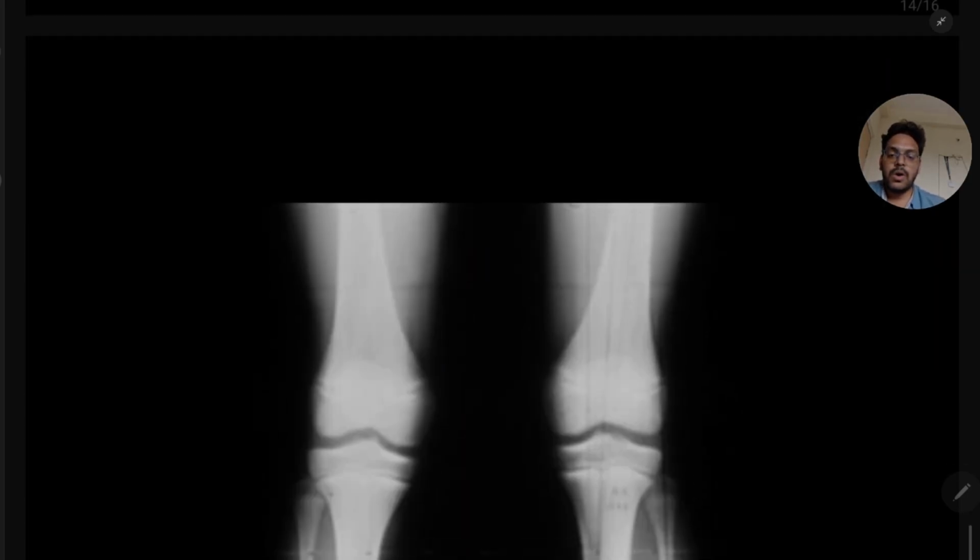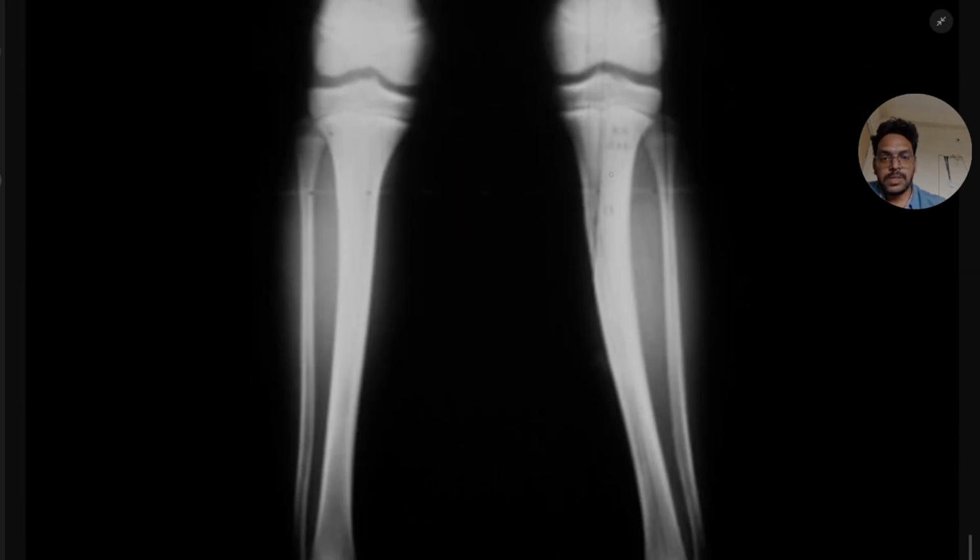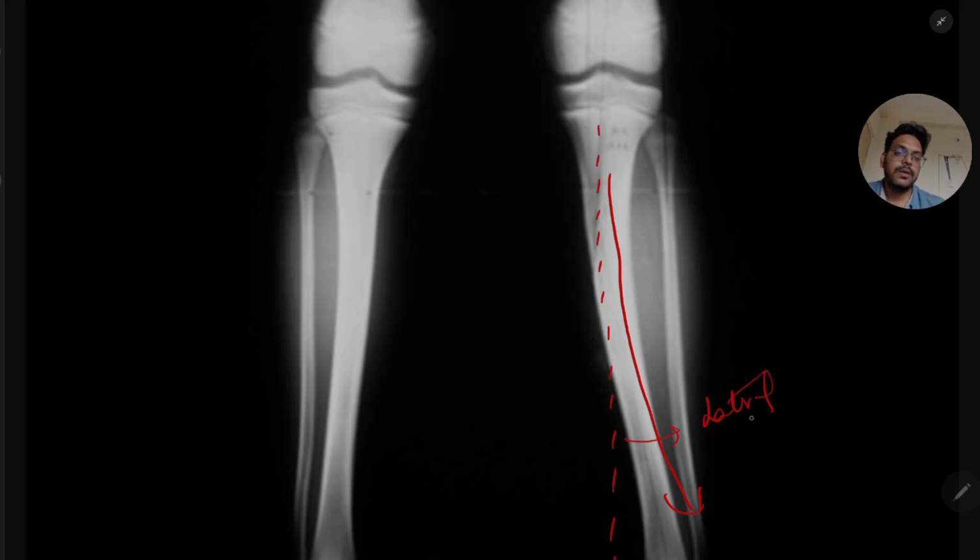What it will cause is, because of the growth deformity, a valgus deformity. So it is going laterally. It's called a late valgus deformity, and this is called Cozen's phenomenon.